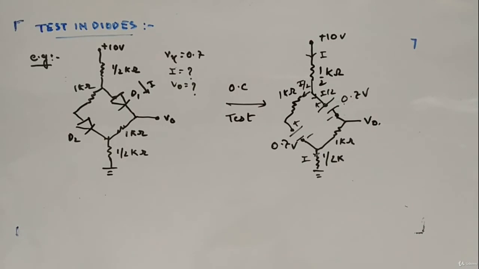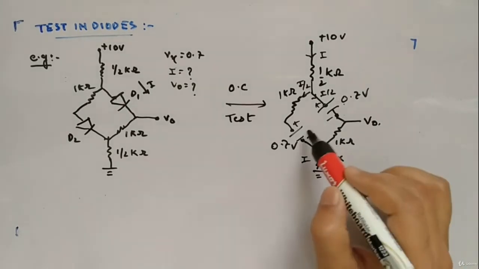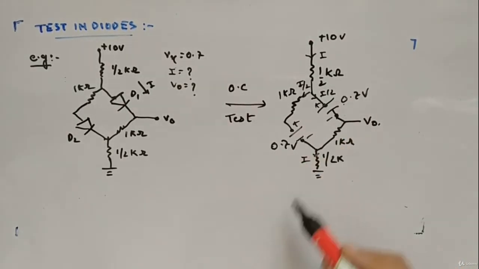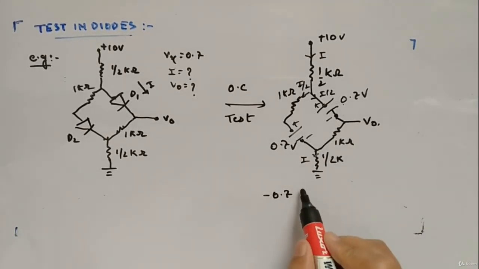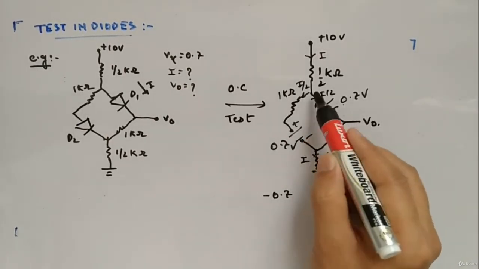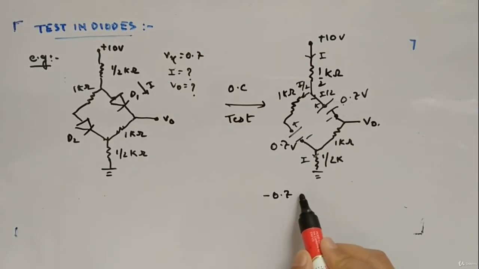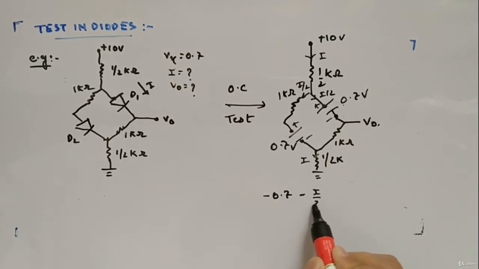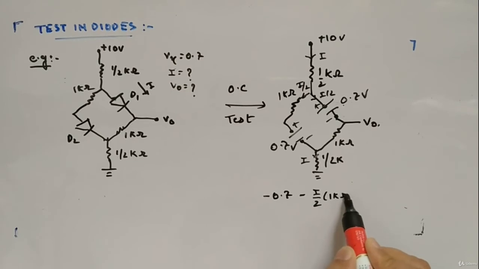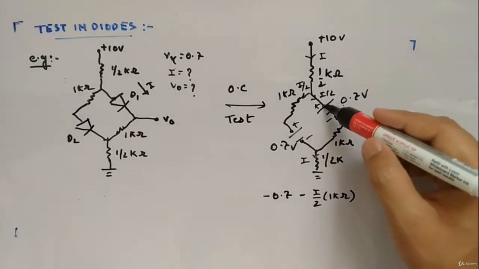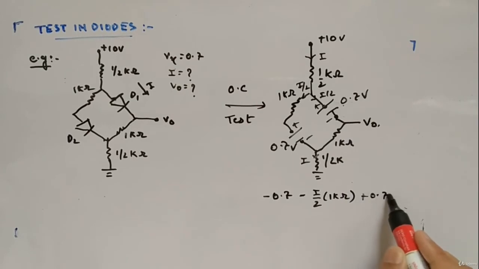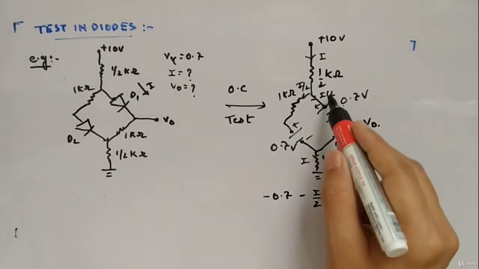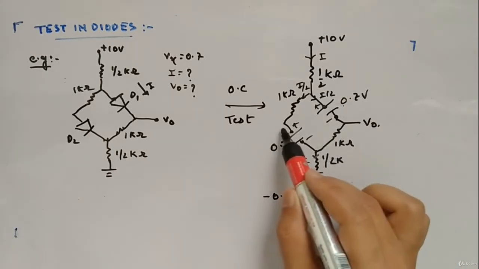If I apply KVL inside this, since the current direction is this and I am going that way, so minus I by 2 into 1 kilo ohm, then we will go here plus 0.7, and then here, which is I by 2 also. This is also I by 2, this is also I by 2.